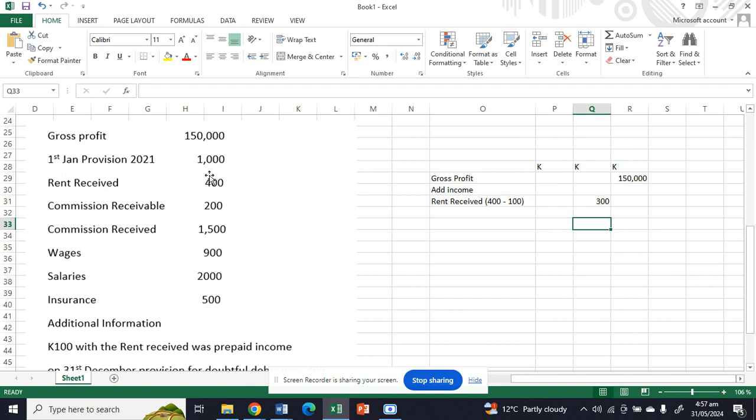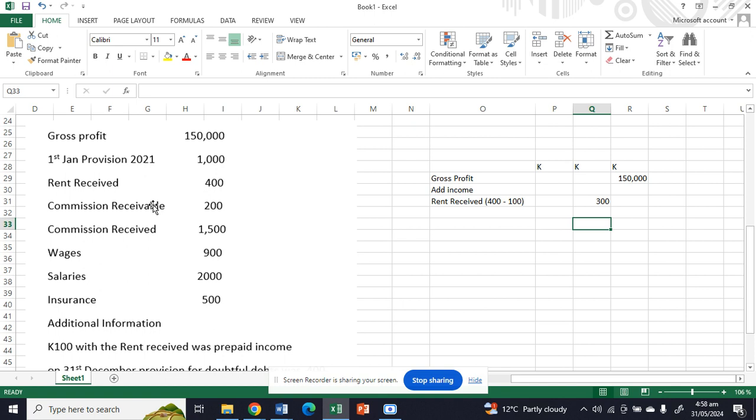Next, we have commission received. All right. And we also have here commission receivable. So commission receivable, this is money that you are being owed and it hasn't been paid to you. So it's accrued income. Okay. For example, let's say if you enter into a contract with someone and you say, for each month you'll be paying me 1,000, and you say that will be a 3-month contract.